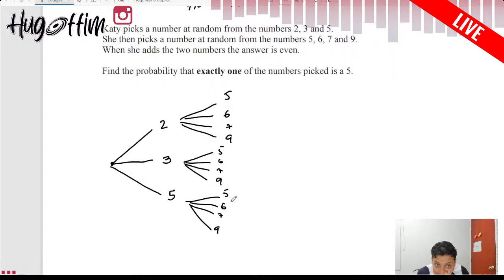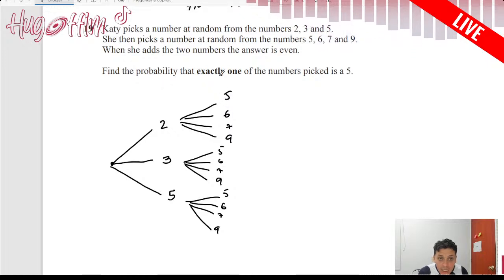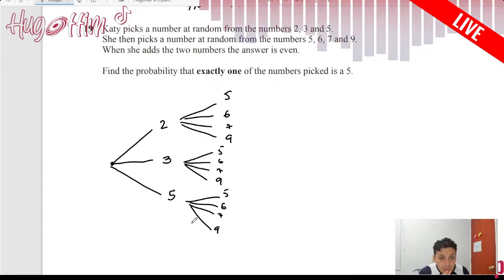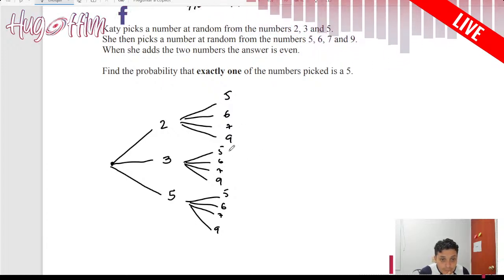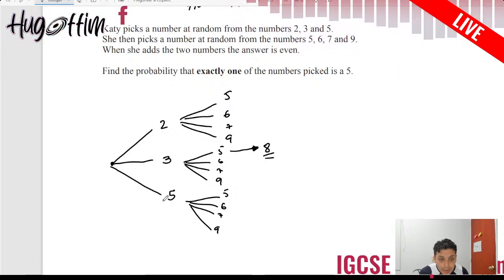Okay, she adds the two numbers and the answer is even. The addition of an even number with an odd number is not going to give you an even number. It should be two odd numbers to give you an even number. So it means that the only outcomes that are possible are this one, that is 5 plus 3 is 8, or these two.